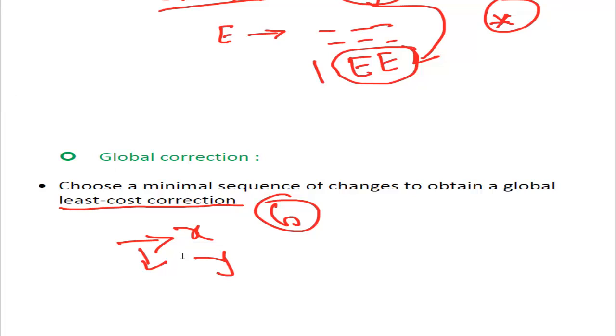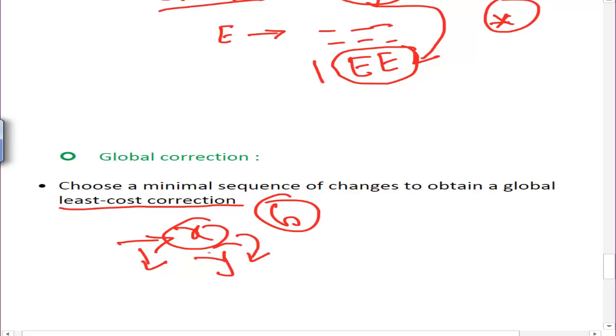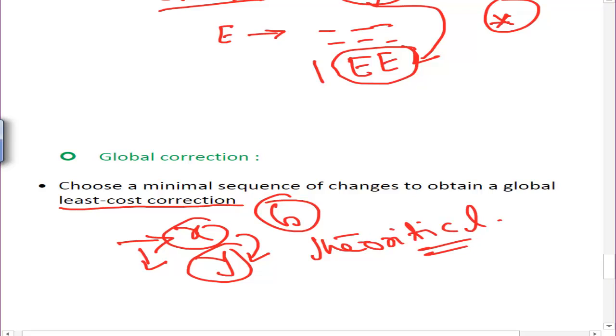But converting the erroneous string X to the string Y, which has all corrections done, is really difficult, and it is only theoretical. It doesn't come into practice because what we are trying to do is work out what the intentions of the programmer are.